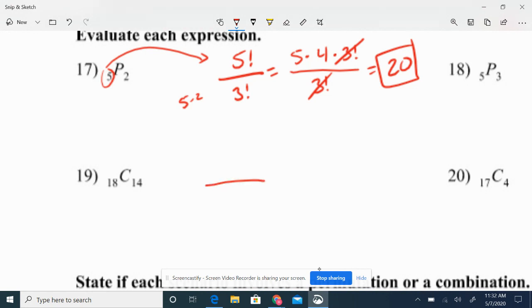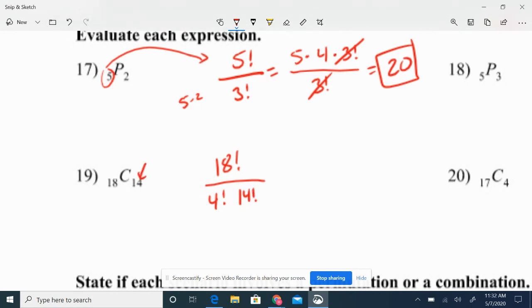I'm going to do 18 factorial on the top and 14 factorial at the bottom, kind of like how I do permutation. You see that 18 from the first number, my 4 factorial because I subtracted my numbers 18 minus 14. So like I said, almost like we do permutation. The only difference is that in this case, I'm also going to include a 4 factorial at the bottom.